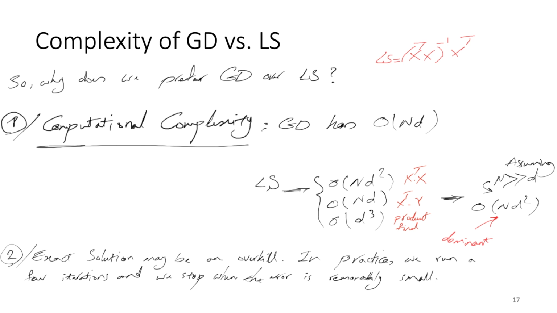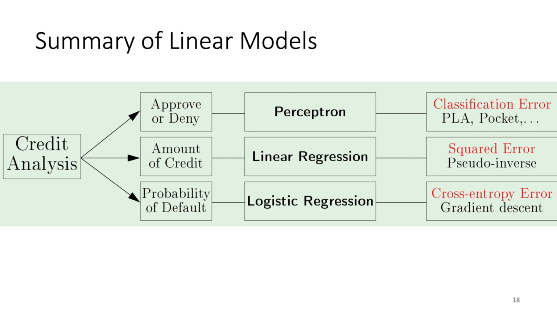All right, having said that, we almost concluded the linear section. So as a final recap, we talked about perceptron, linear regression, and logistic regression. In the case of the credit card problem, the perceptron using our PLA or pocket algorithm would define a classification to approve or deny a credit card given the historical data.